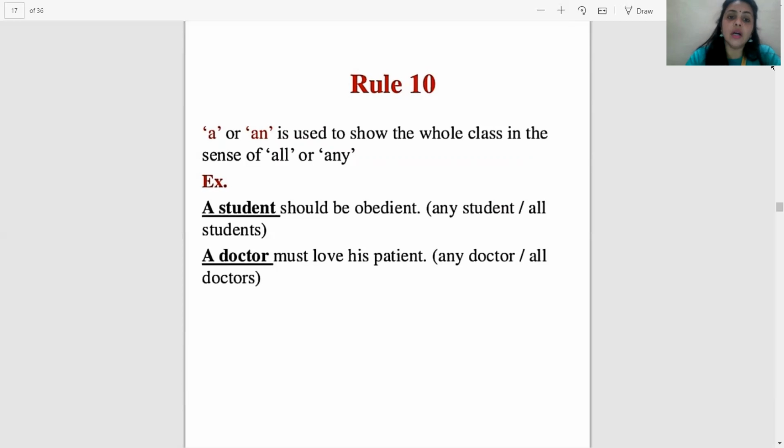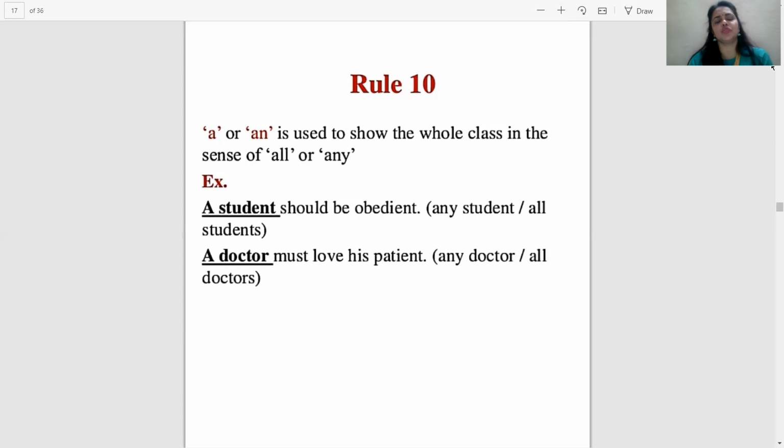Rule number 10. A or an is used to show the whole class in the sense of all or any. When we use certain sentences, it may refer to the one or to the whole fraternity or the whole group or the whole class. For example, a student should be obedient. Now here I may refer to one student or students in general.